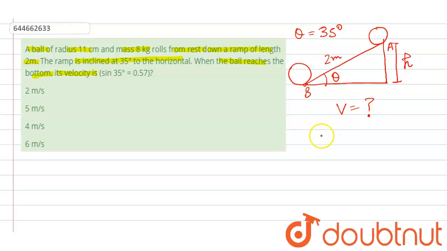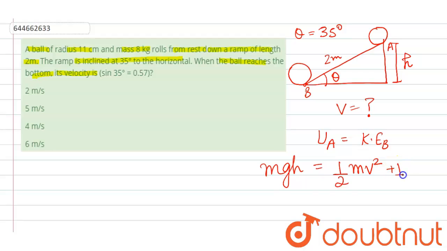So we can write here that potential energy at A is converted into kinetic energy at B. Now the potential energy at A is mgh and the kinetic energy at B is sum of translational kinetic energy and rotational kinetic energy.